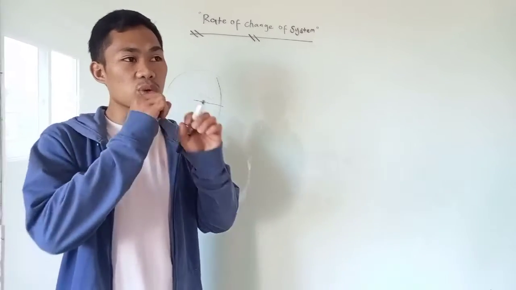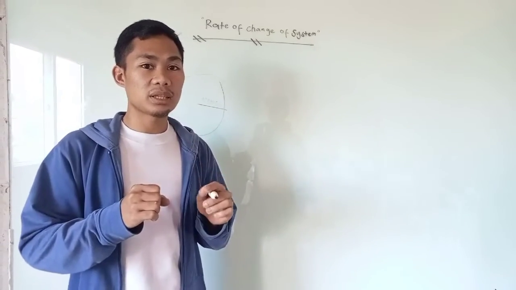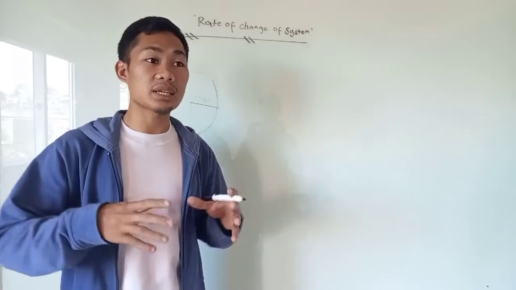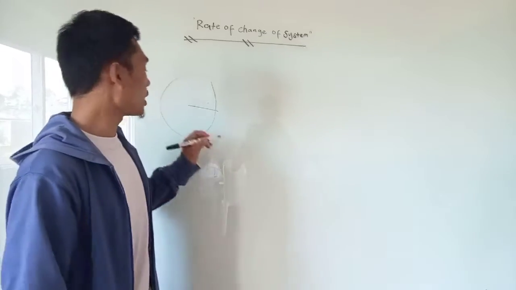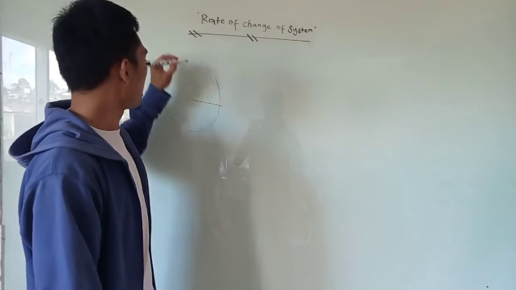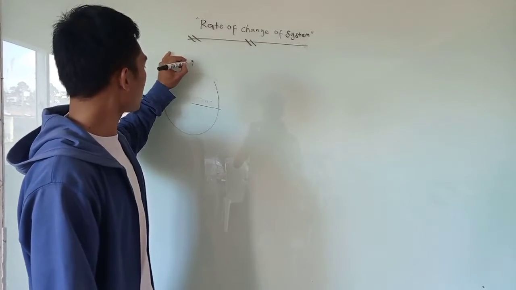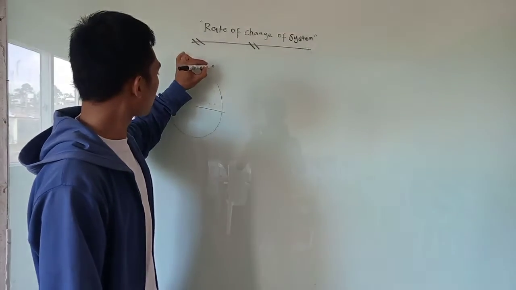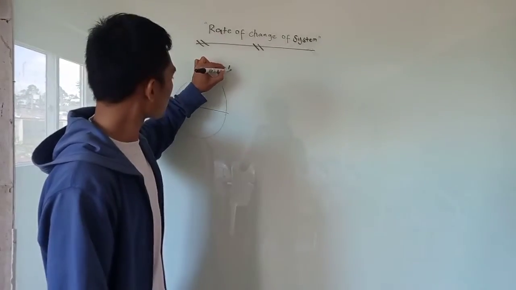When you continue inflating the balloon, the radius is increasing at a constant rate of 0.5 inch per second.